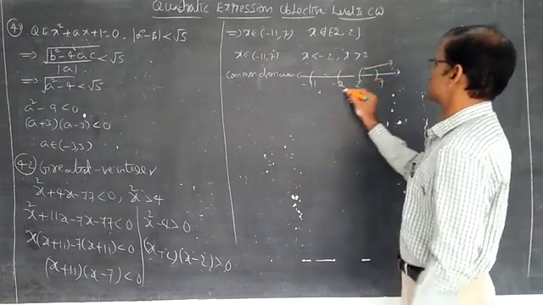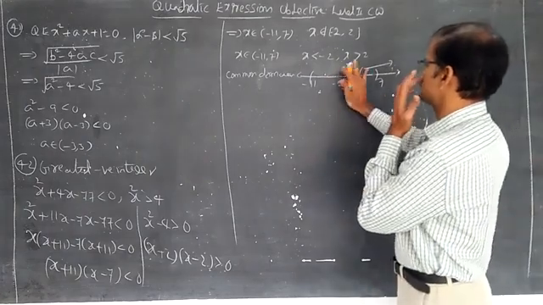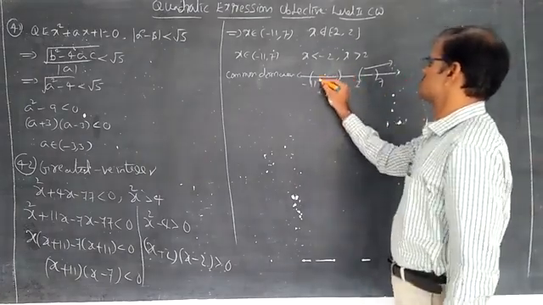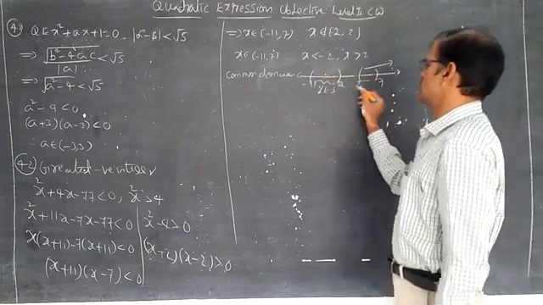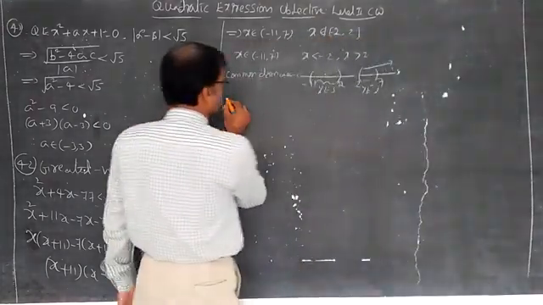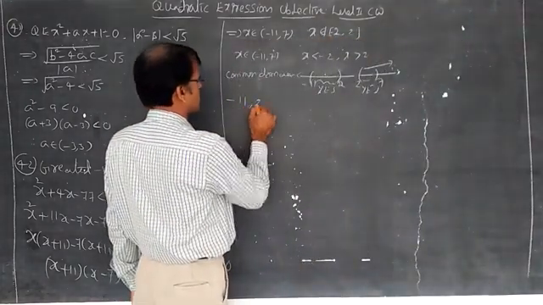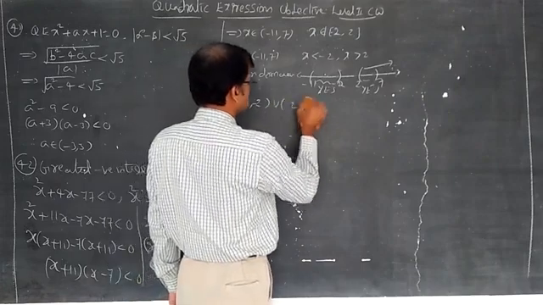So this and this are the common domain. The common domain is minus 11 comma minus 2 union 2 comma 7.